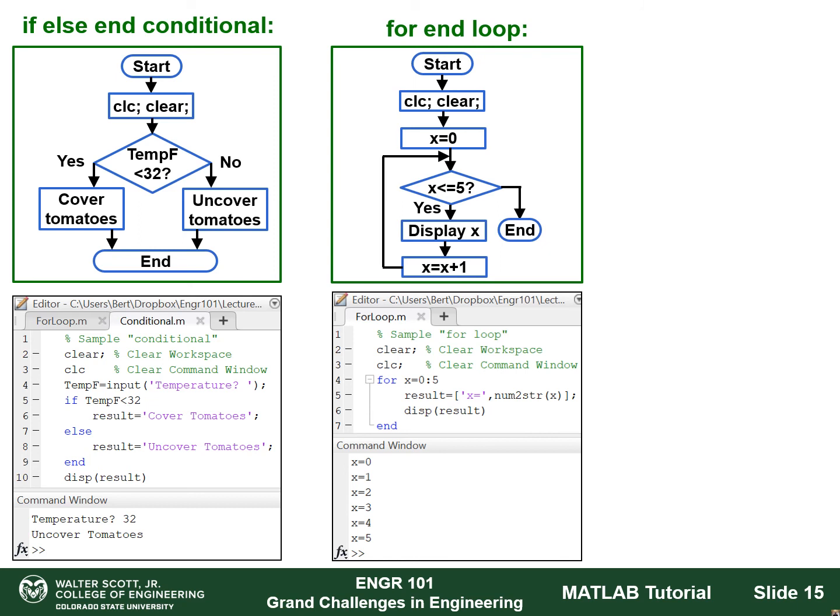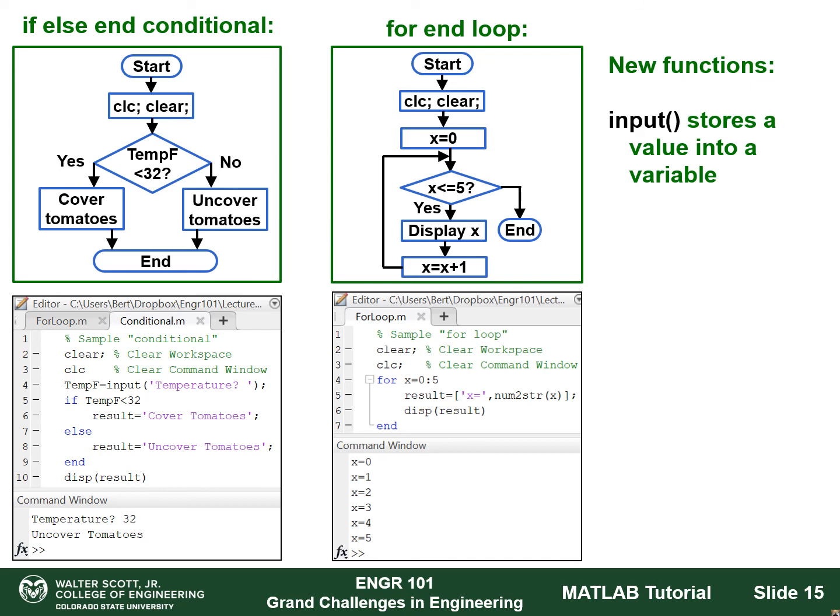Now, when you do these two examples, I should note that they're using several functions that we haven't covered before. They're pretty straightforward, but you want to be aware of them. One is the input function, which stores a value into a variable and allows you from the command window to put in a number, which is what you're seeing here on the lower left, where you put in a temperature of 32 and it will generate the words uncover tomatoes.